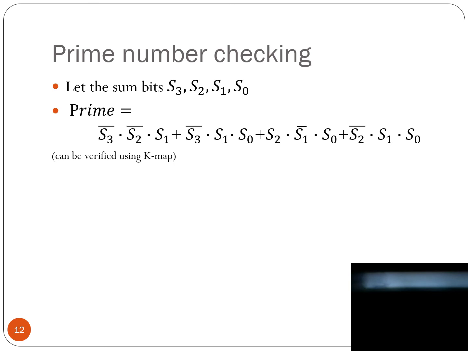I have manually done the simplification using a K-map, and here is the result I can show you. But in your lab report, you should probably write down how you compute this formula, or if you prefer to do the computation by yourself and you get a different formula from mine, it's also fine as long as the result is okay.